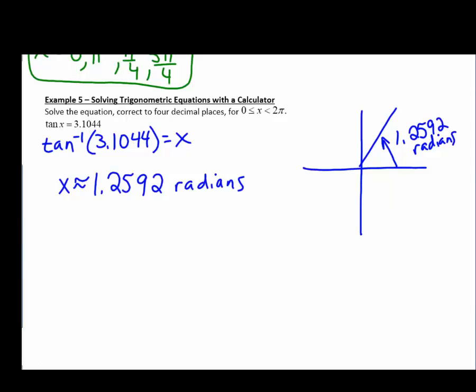Okay, so our tangent was positive. So what other quadrant do we need to be in? We need to be in quadrant 3. And we need our reference angle to be 1.2592. Okay, so how do we get this whole angle, the measure of that entire angle?